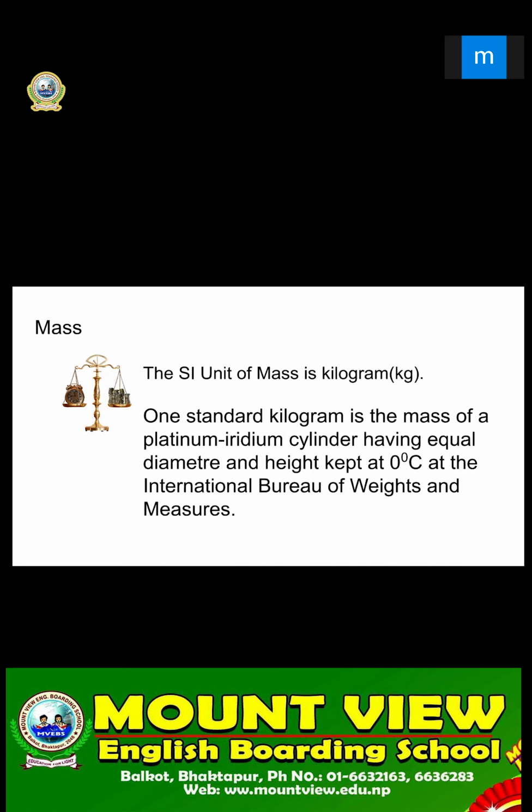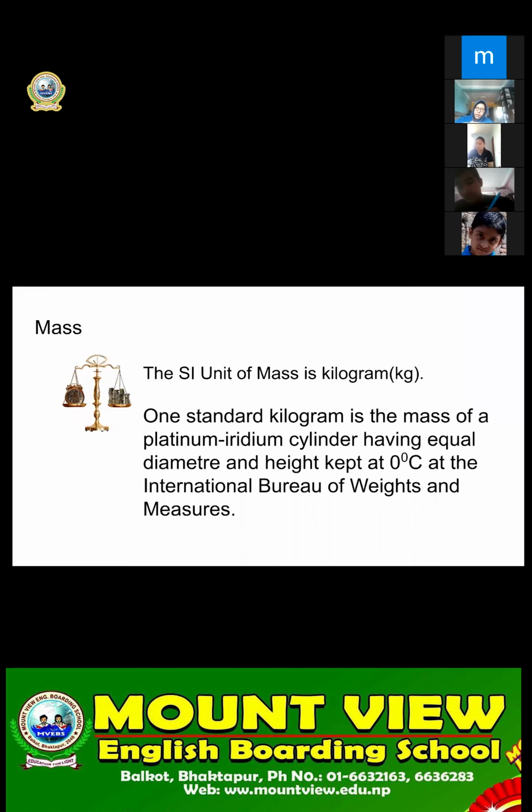It's very easy. The SI unit of length is meter and the SI unit of mass is kilogram. The device shown in the picture is a beam balance, which helps us to measure the mass of a substance. And how do we define 1 kilogram?